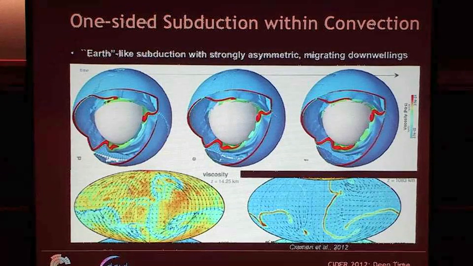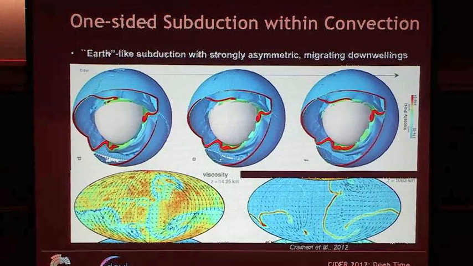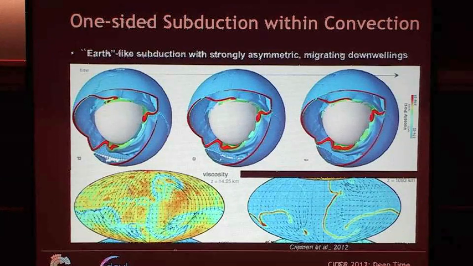These plates are probably a little bit bigger than they could be, but I think the system's driven pretty hard. If you let it run for a short amount of time, it actually locks up into a stagnant lid. So this is ephemeral. It's a bit of a cheat. As the planet cools off, these things start to slow down. So we've got more work to do. Okay, so it's an early Venus. It could be an early Venus, yeah.